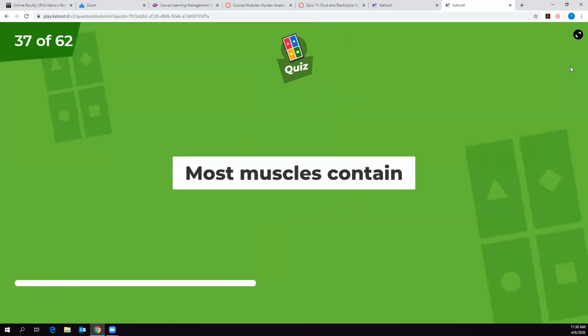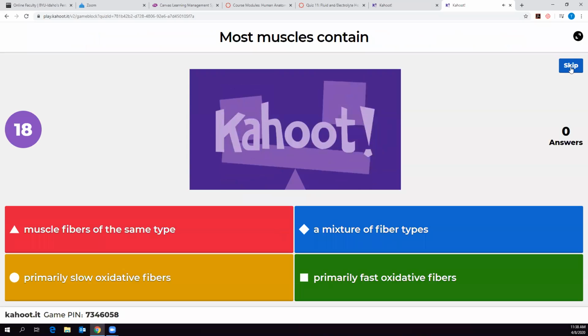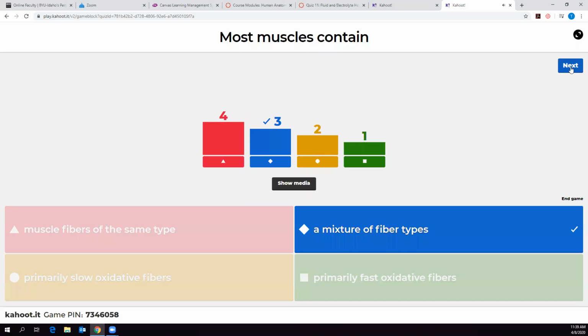Okay, most muscles contain, oh gee, what can that be? Nope, it's a mixture of fiber types. Every muscle is going to have all three muscle fiber types in them: slow oxidative, fast oxidative, fast glycolytic.